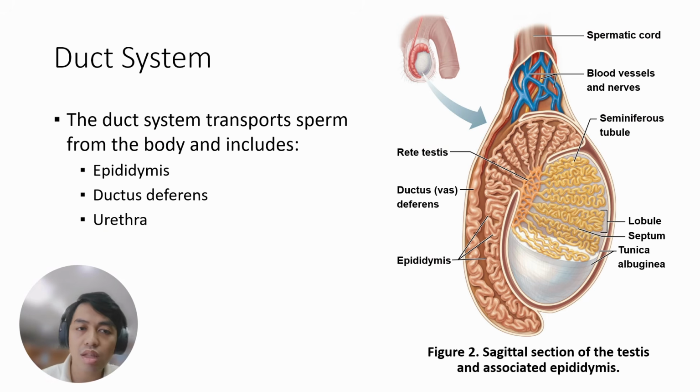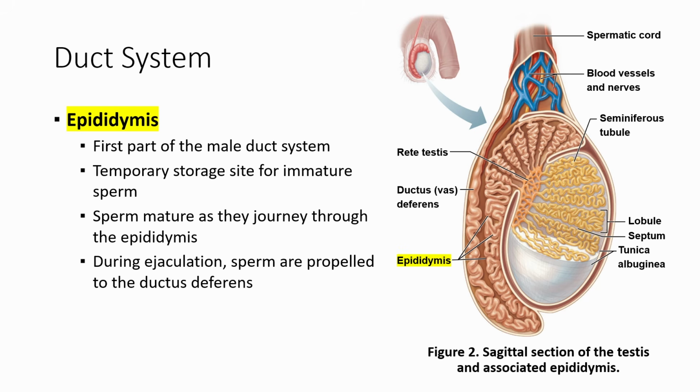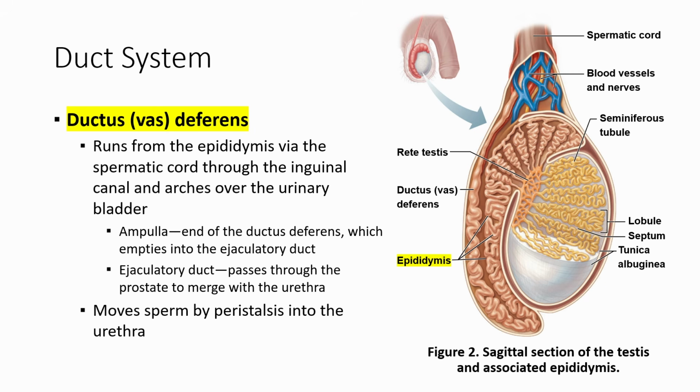For the ductal system, you have the epididymis, then the ductus deferens. Your ductus deferens then exits through the spermatic cord. So this is the epididymis, the vas deferens or the ductus deferens that empties the sperm into the urethra.